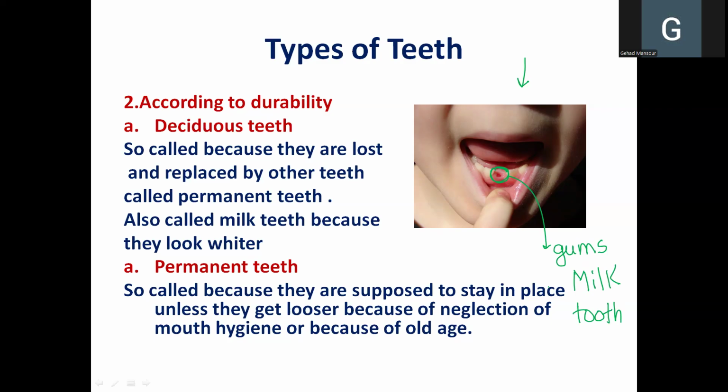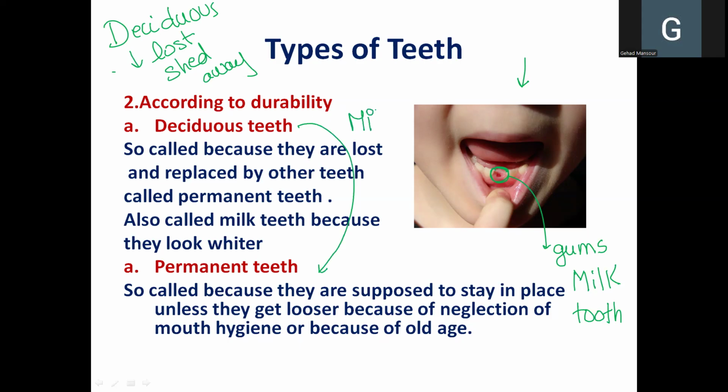we divide them into deciduous teeth, like deciduous trees. You know, the deciduous trees are the trees that lose their leaves in autumn or in fall. So deciduous means lost or shed away. So these are teeth that are shed away at a certain age, and they are replaced by permanent teeth.